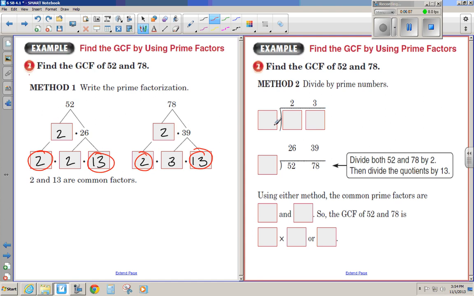All right. Now the other method. Divide by prime numbers. So I'm going to put 52.